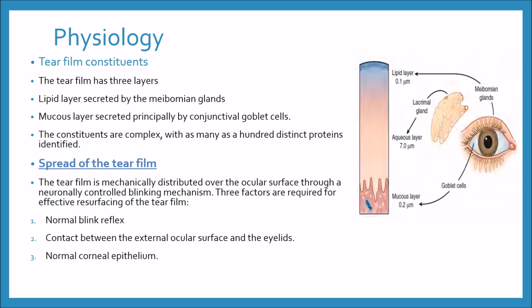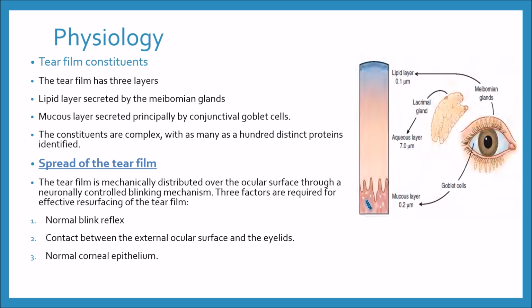Then comes the aqueous layer, which is secreted by the lacrimal glands and which makes about 7 microliters of the whole tear film. And then comes the mucous layer, which is secreted principally by conjunctival goblet cells.